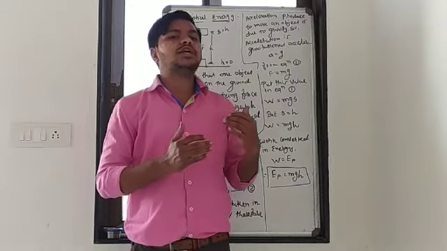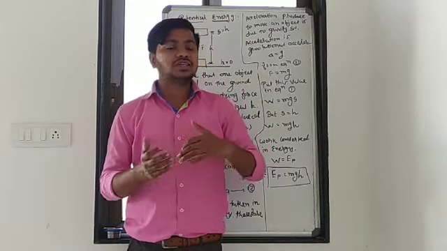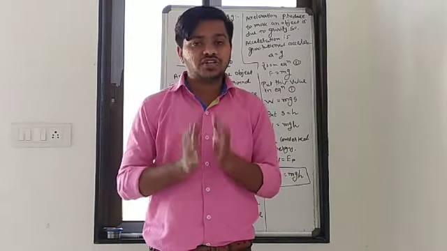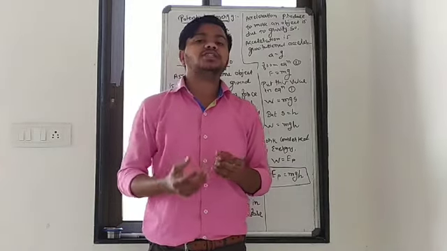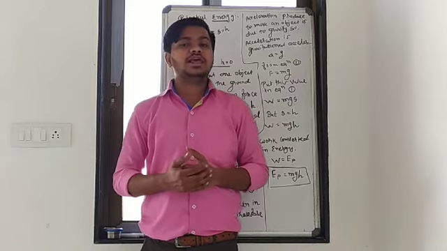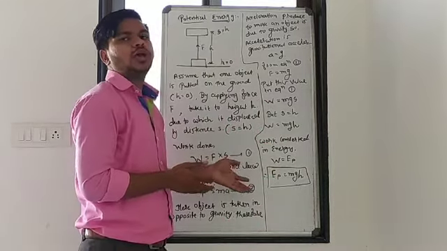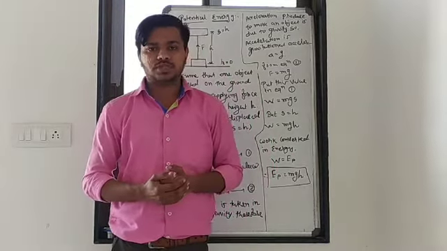There are some sums related to it, and these equations are used in these sums. But first of all, you have to understand which type of energy you have to find, or what you have to find. Then you can easily find the energy, because there are no other equations. There are only 2 equations: Ek equals 1/2 mv square, and the other, Ep, is equal to mgh.